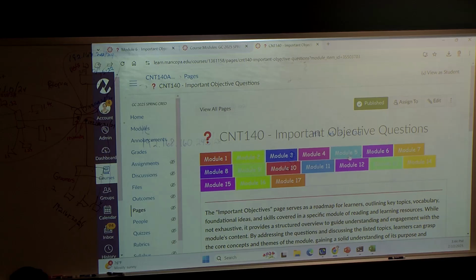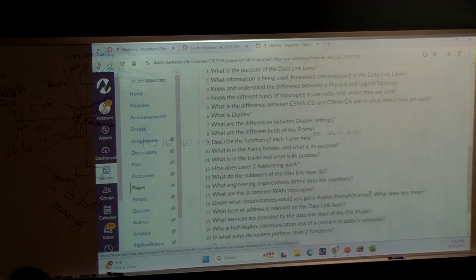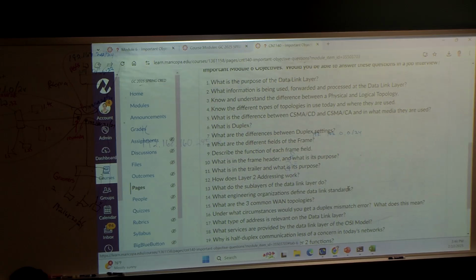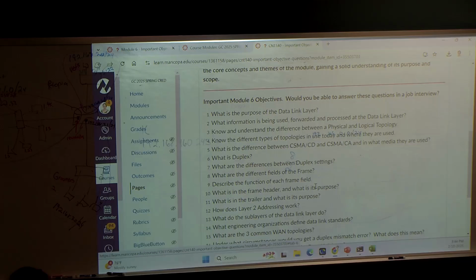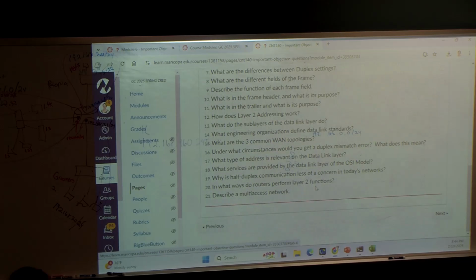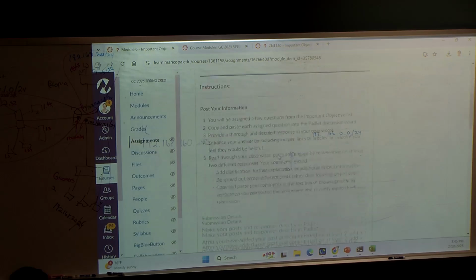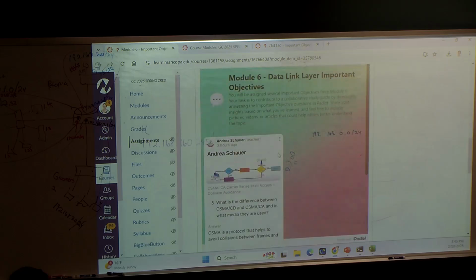And they're by module, so module 6. They're a list of questions. I'm going to assign you each at least 2 questions, and you're going to use those questions for this assignment. So you're going to help to create a study guide.